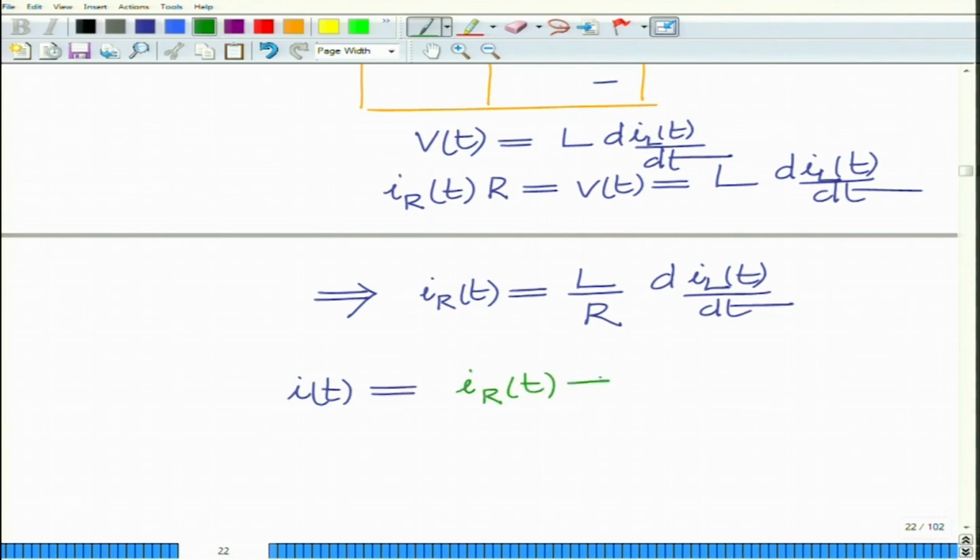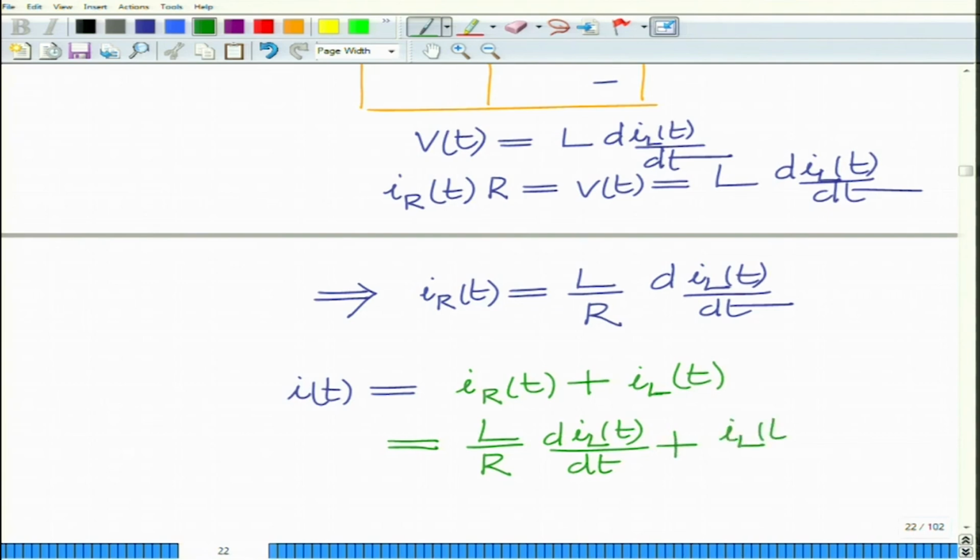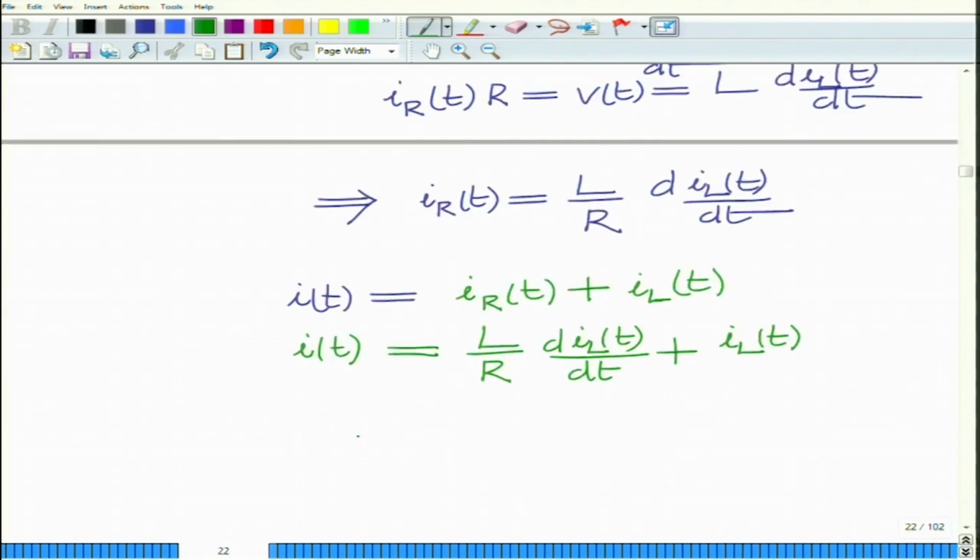This is current through resistance i_R(t) plus current through inductor i_L(t), which is equal to L by R di_L(t) by dt plus i_L(t), okay. So this is my input i(t). So this is the input output equation, okay.